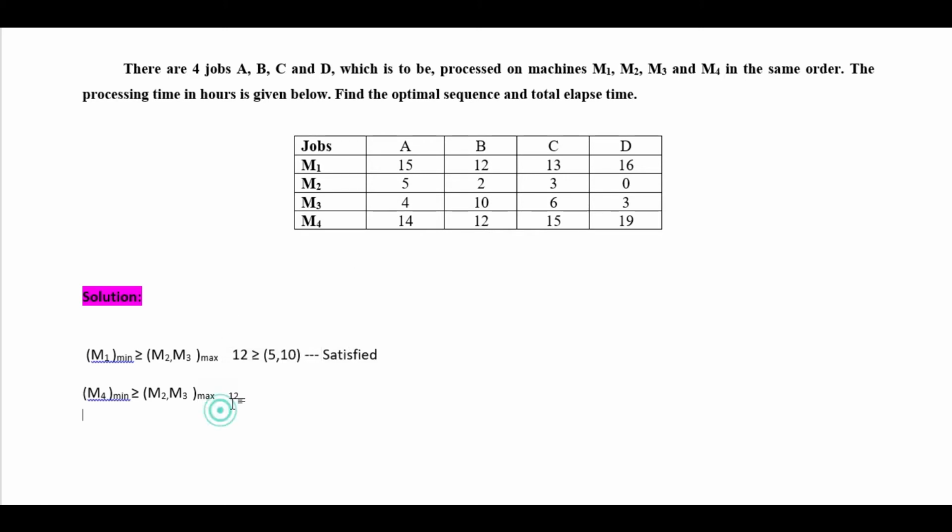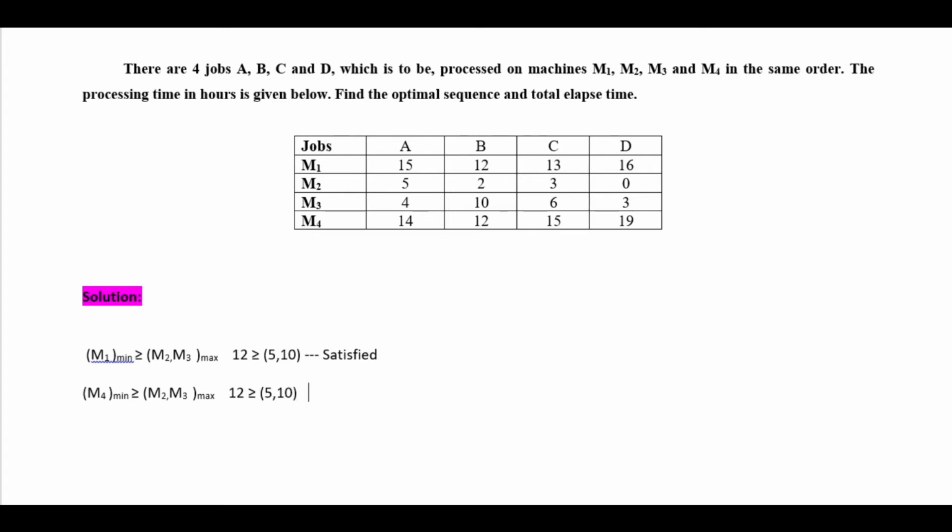In this case the minimum value of machine 4 will be 12. So 12 should be greater than or equal to 5, 10.